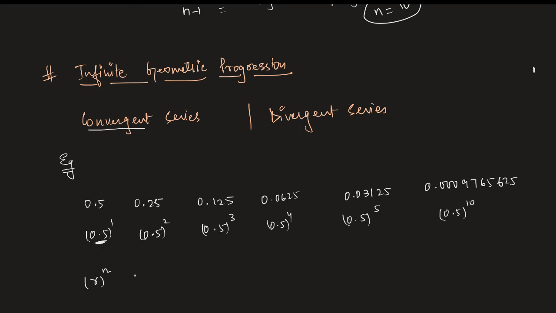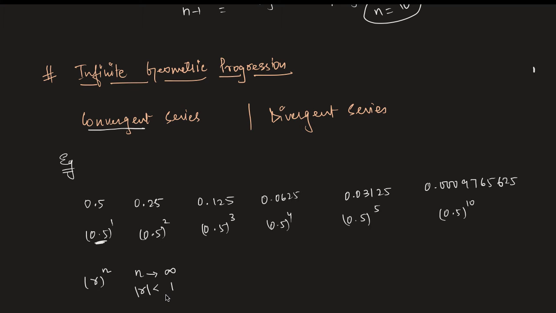In that scenario, if my number of terms is approaching infinity and my r is less than 1 but greater than 0, or mod r is less than 1, I can write it down as modulus r is less than 1.